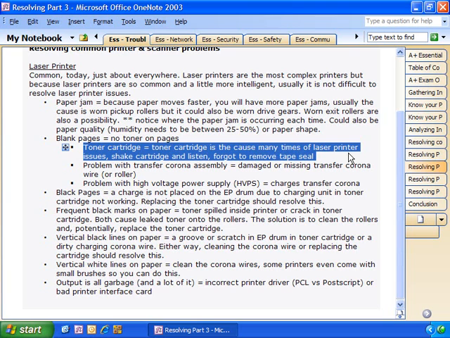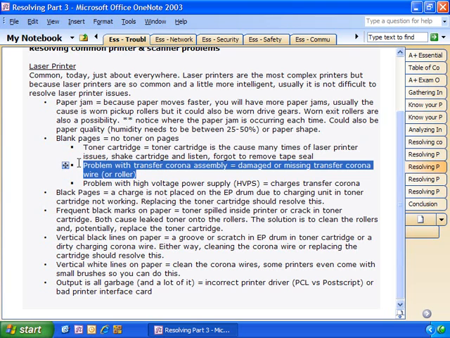Sometimes people will put in a new toner cartridge and forget to remove the seal that covers where the toner comes out of the cartridge. You have to make sure you remove that tape seal. You could also have a problem with your transfer corona assembly. It could be damaged or missing, or your transfer corona roller. So you can check those out.